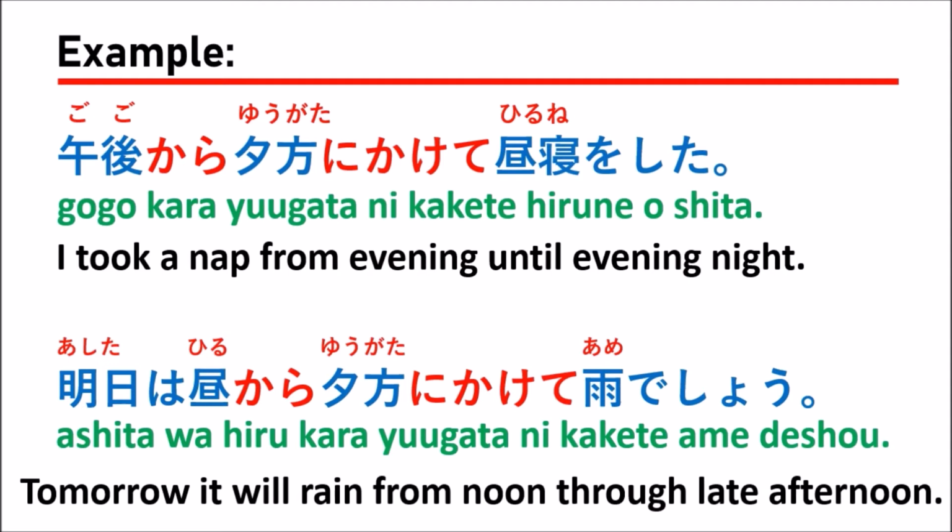So they will start from around 12 p.m. until 9 p.m. During that time it might rain, ame desho, which means it might rain in that range of time. So in Japanese, you can use something like this to explain the situation of what happened during that time.